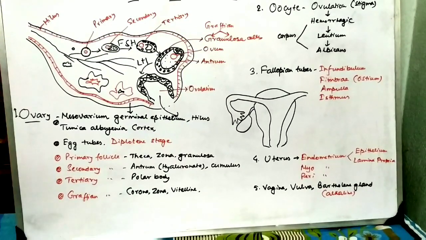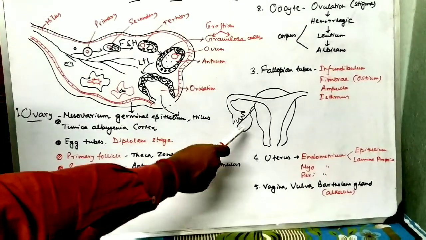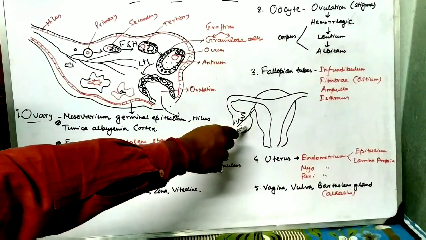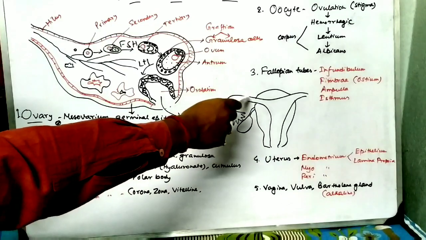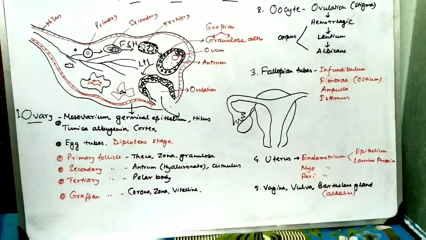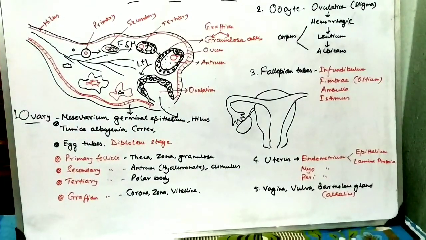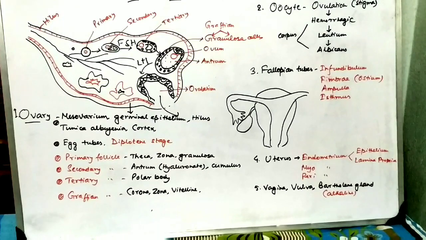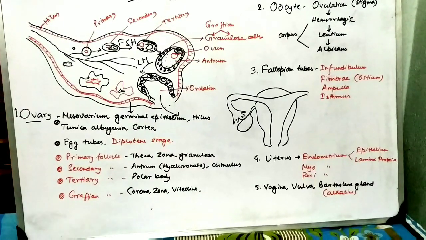So this is the structure of the ovary. Now we will study the tubes which are associated with the ovary. The tubes are called fallopian tubes, and fallopian tubes have different parts.